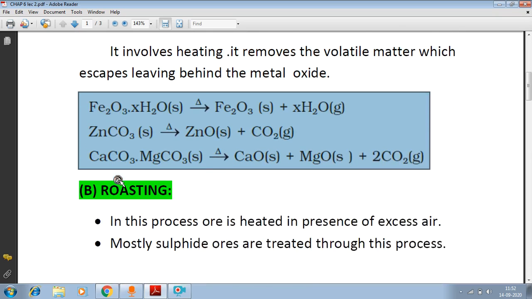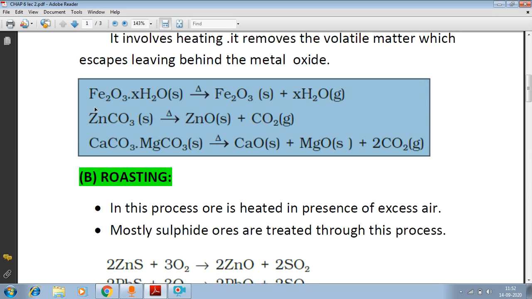You can see examples here. Suppose I am taking Fe2O3·xH2O. When we heat it, it will leave this H2O and form Fe2O3. Like that, ZnCO3, when we heat it, will give us ZnO, and carbon dioxide will be removed.